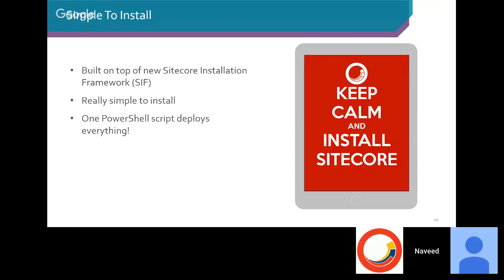So you have two options. Either you can play with the Sitecore Installation Framework and update the scripts to separate them out, or you can install them on one machine and then manually scale them out to different servers and update your configuration settings. So that's just one thing to keep in mind.